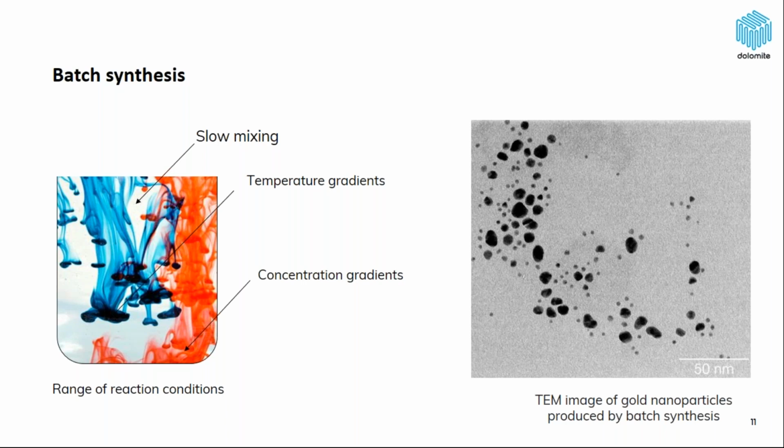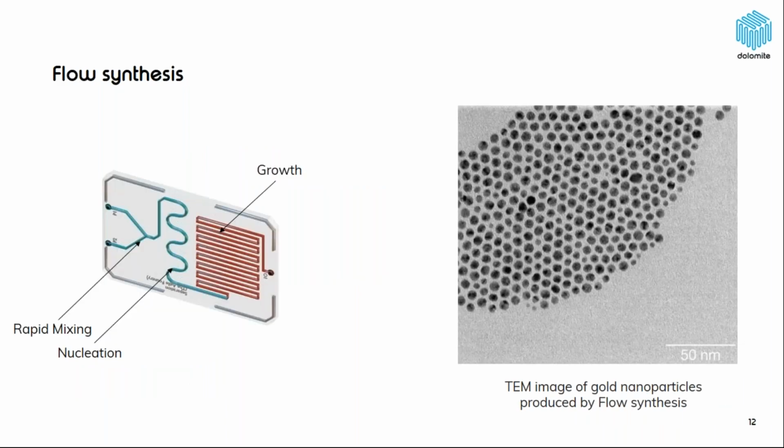You're adding one liquid into another, and mixing is slow, typically of an order of seconds. You've got temperature gradients that are set up across a batch vessel, and you've got concentration gradients, which are set up across a batch vessel. Now, that means that every single nanoparticle experiences a different set of conditions during its growth. So you have a range of reaction conditions, and that leads to a range of particles, like you can see in the TEM image on the right.